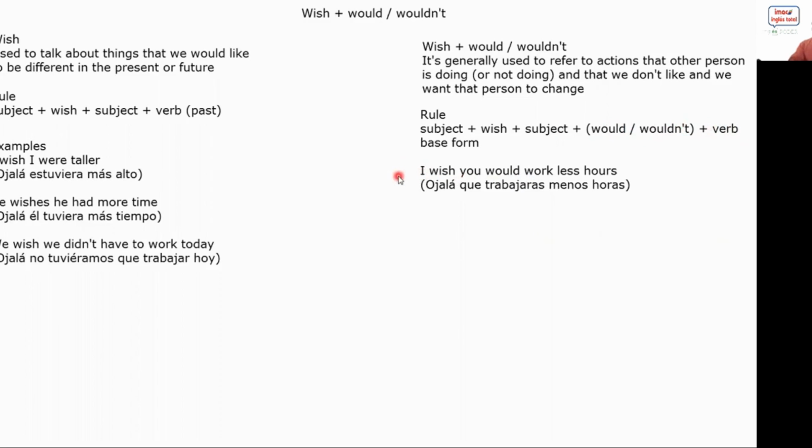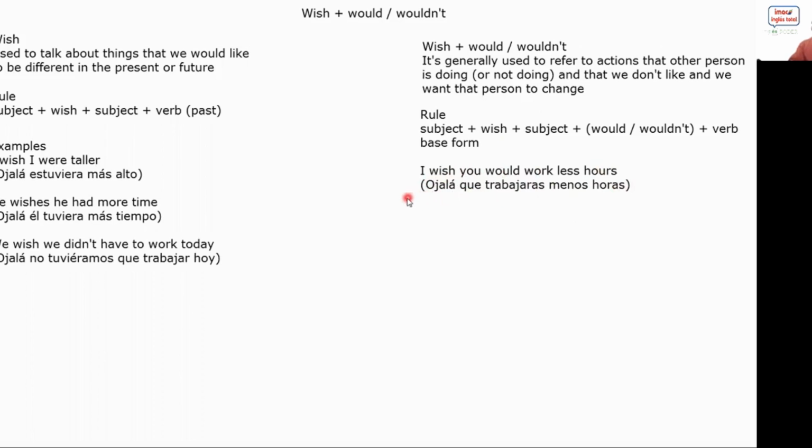One excellent example or representation of this rule is the following. I wish you would work less hours. Ojalá que trabajaras menos horas. Ojalá trabajaras menos horas. O yo desearía que trabajaras menos horas.